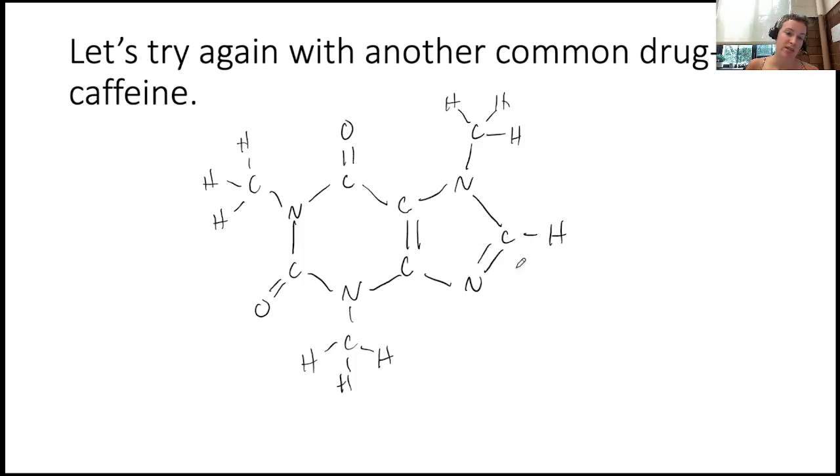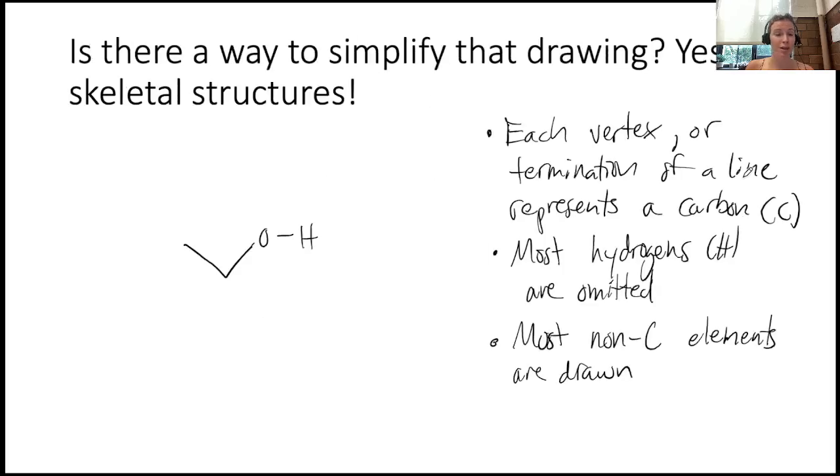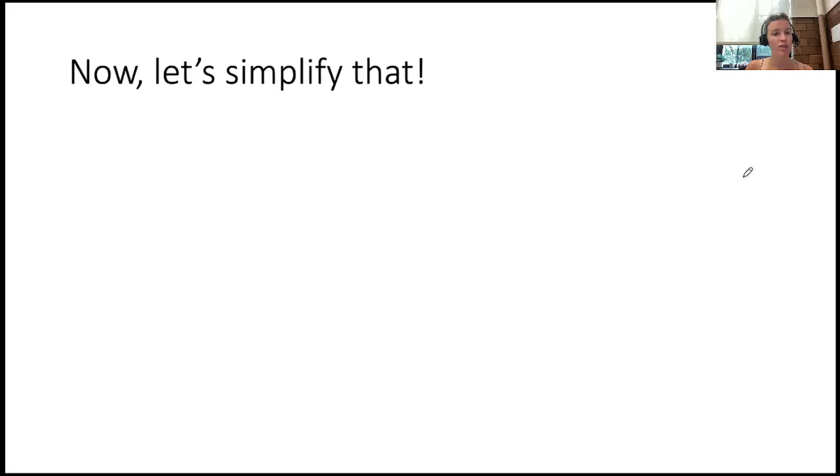This double bond just indicates that these two atoms are sharing even more electrons. But you might imagine that as a chemist, looking at a structure like this is a little bit complicated. It's a little bit busy. So using a skeletal structure like we did in this slide for caffeine is going to be incredibly helpful.